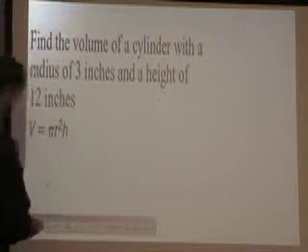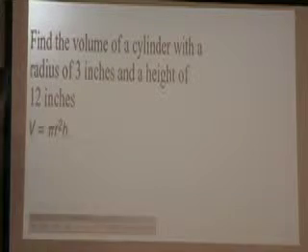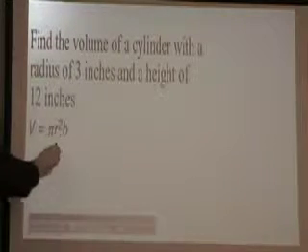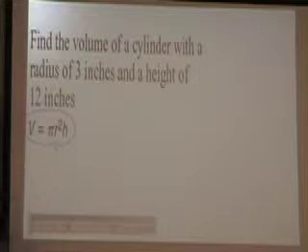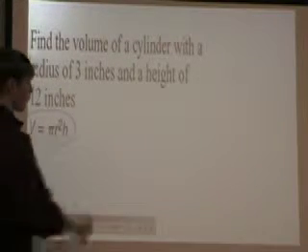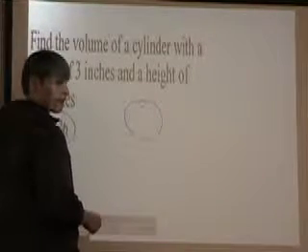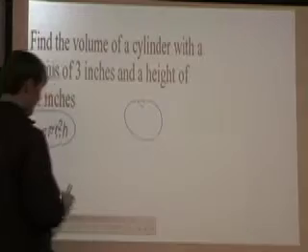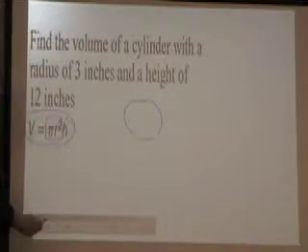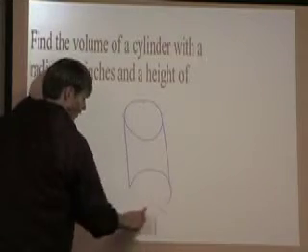Okay, so now here we want to do a cylinder. Now this formula is a little bit different. The formula for a cylinder is volume equals pi times the radius squared times the height. So basically a cylinder has a circle as its base, right? And we learned how to find the area of a circle yesterday. It was pi r squared. Okay, but now in the cylinder we're adding what? Height to it.